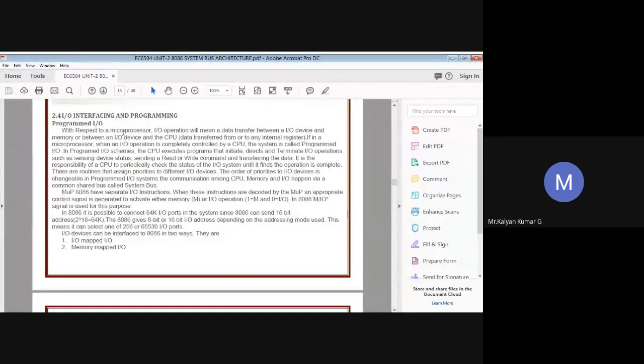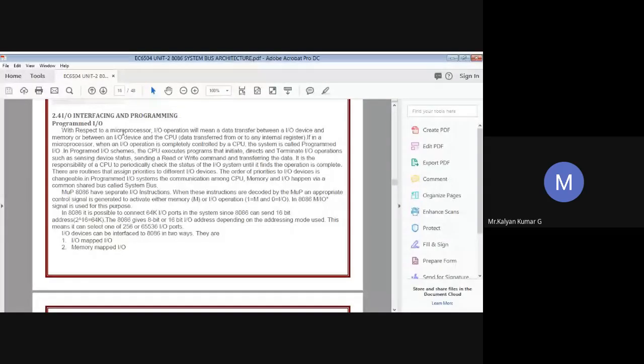In any microcomputer, data transfer takes place between two devices, which may be between microprocessor and memory, microprocessor and IO device, or memory and IO devices. For effective data transfer between these devices, the timing parameters of the devices should be matched. Then only can you transfer effectively.